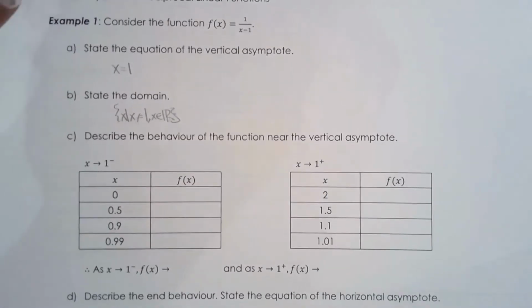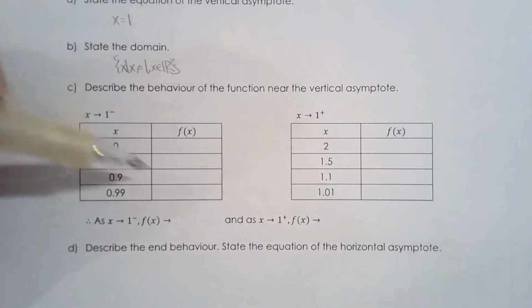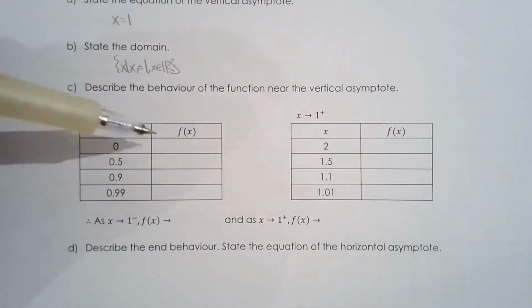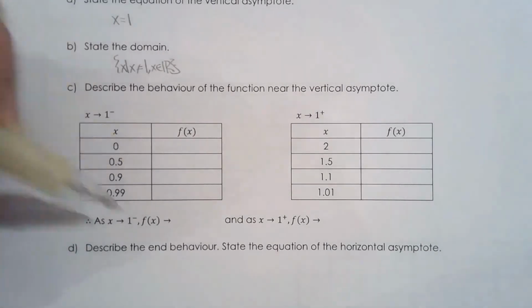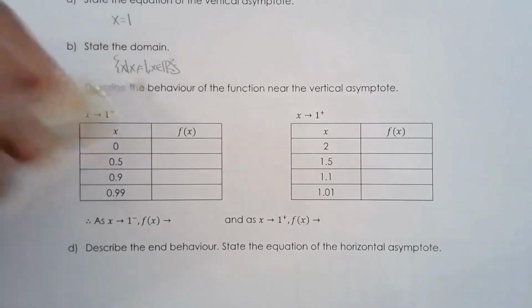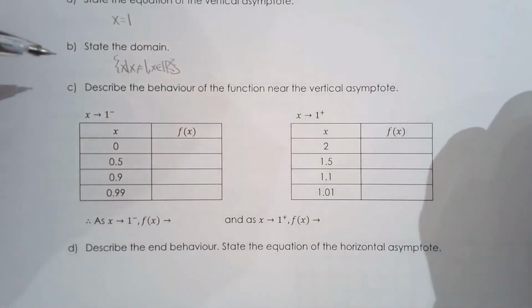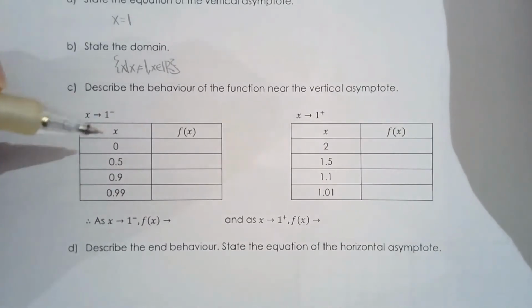So we can do this algebraically, or we can use a table to help us demonstrate the behavior near the vertical asymptote. In this case, I used a table here. Remember, we're going to approach the value of 1 from the left side and from the right side. But you need two tables because one's for the left and one for the right. So the first table here is 1 from the left.